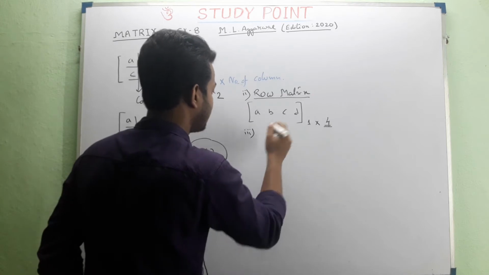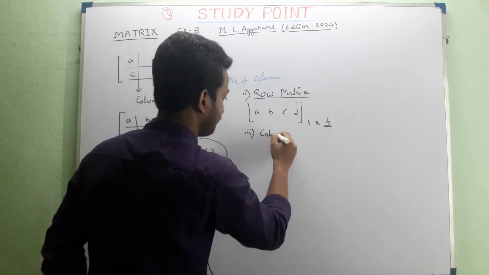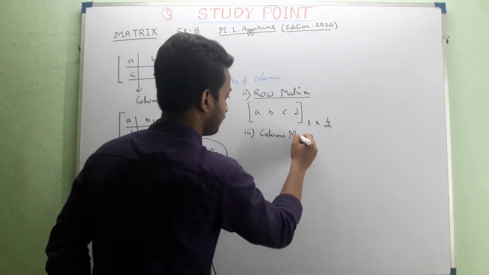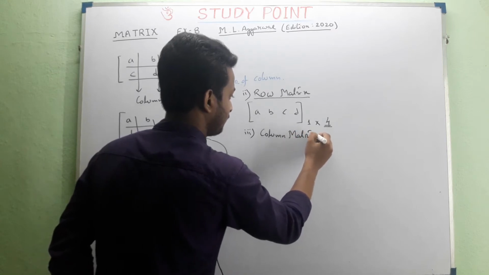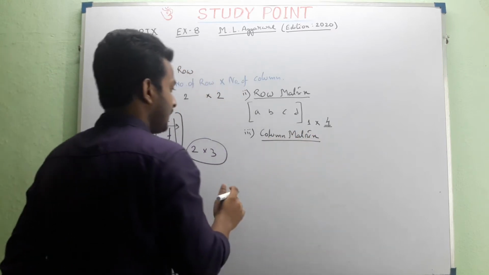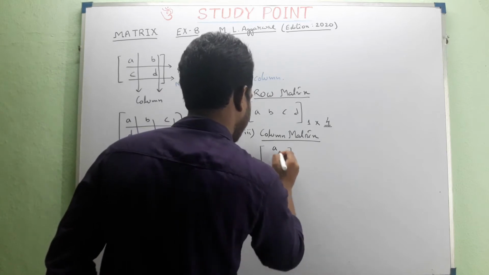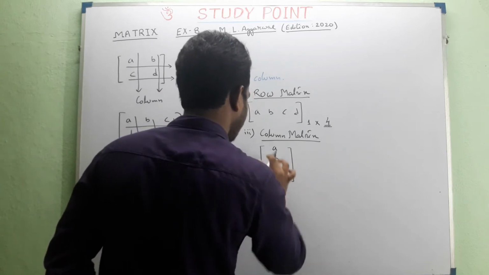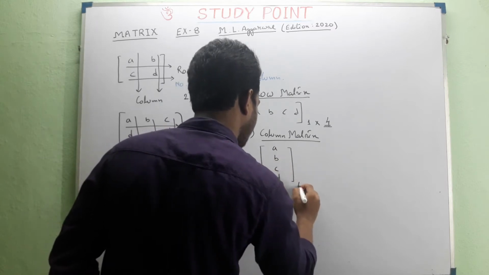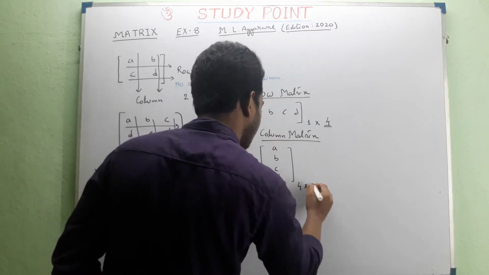Now let's move to the next one, that is the column matrix. Suppose I am writing a, b, c, d. The number of rows is 4, but the number of columns is 1.